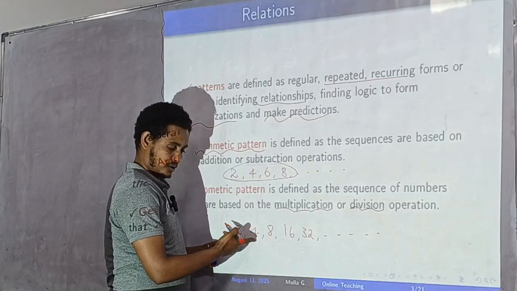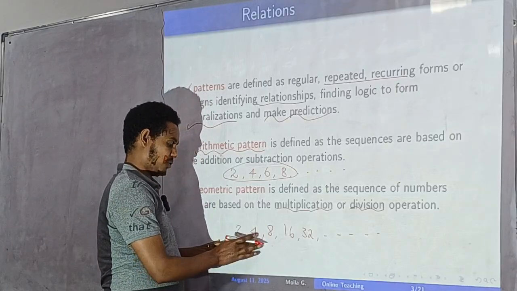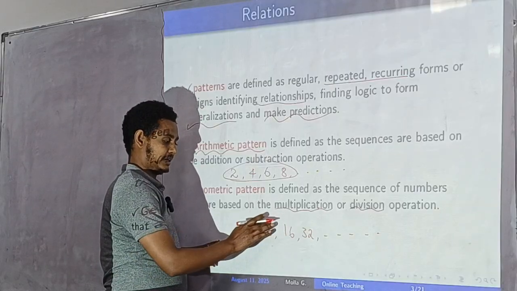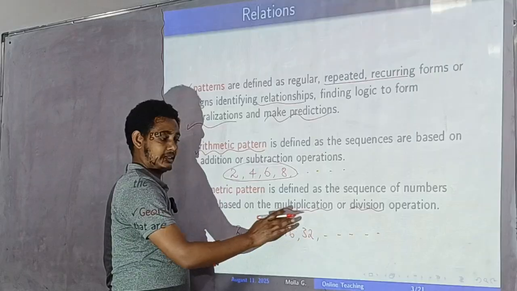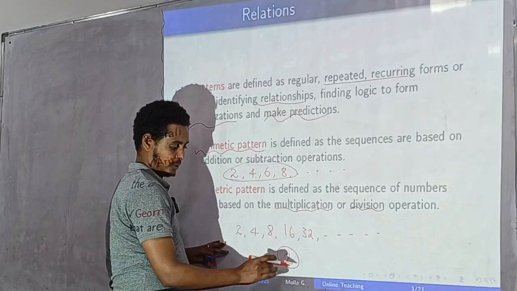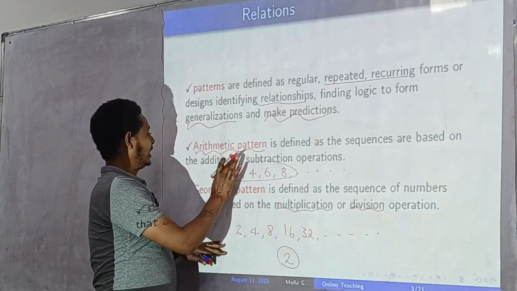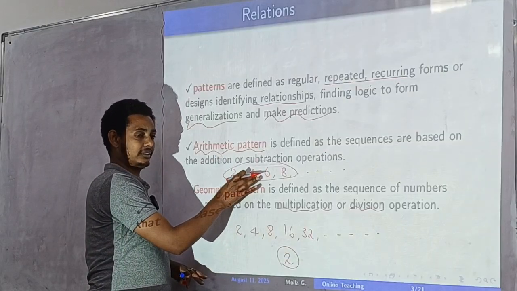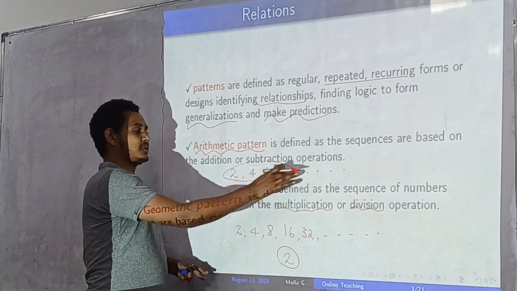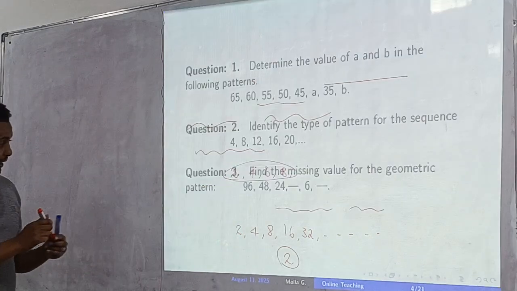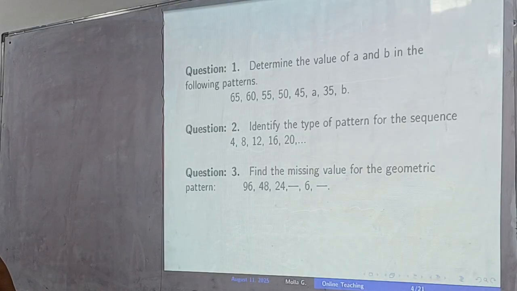We can get 4 divided by 2, 8 divided by 4, 16 divided by 8, 32 divided by 16, and we will get the same number, which is 2. Right? This number is what we call the common ratio. And in an arithmetic pattern, the difference between the consecutive terms of the set is what we call the common difference.